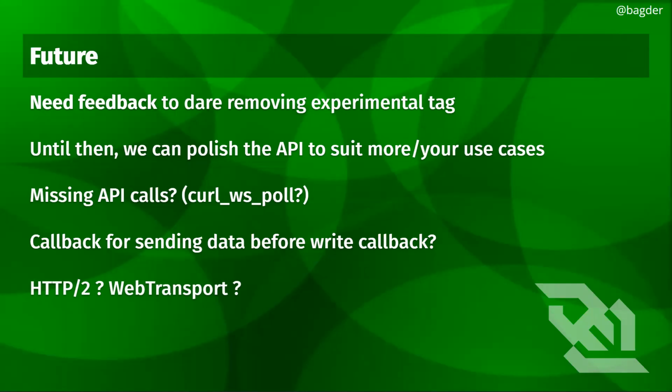Supporting HTTP/2 is straightforward, I guess, because there's an RFC already explaining how to do it. We have HTTP/2 support in general in curl, so it should be doable without sacrificing too much. And then, of course, there's this new protocol called WebTransport that really is WebSockets taken to the next level, over QUIC and HTTP/3.